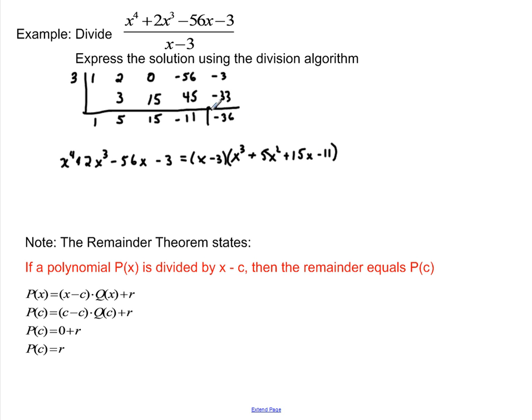That would be added to our remainder of negative 36. So I'll just write minus 36 right here for our purposes. This is P of x right here.